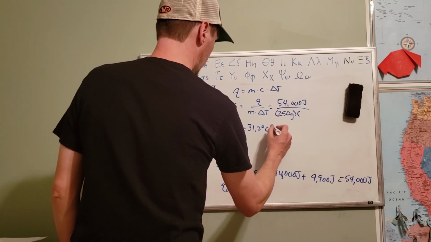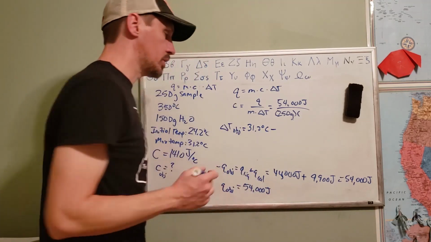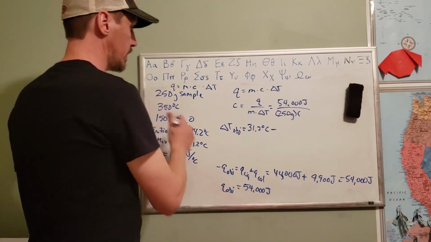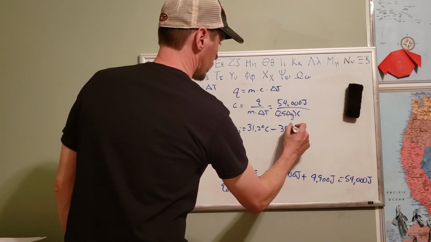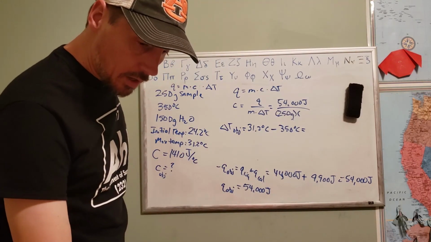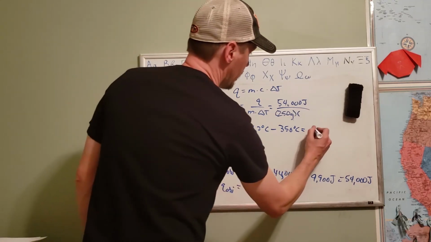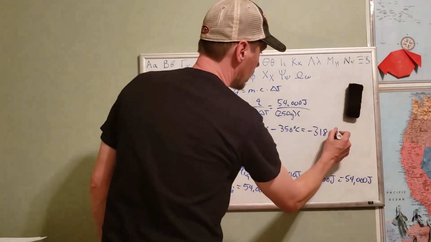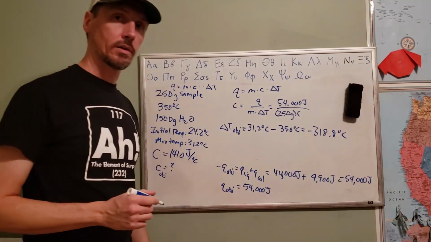But then we take that final temperature and we subtract what the initial temperature was, and the object initially was 350 degrees Celsius. So our change in temp for the object was negative 318.8 degrees Celsius.